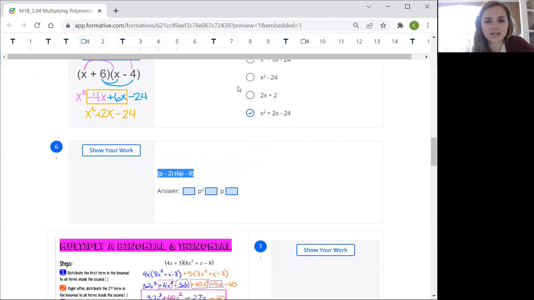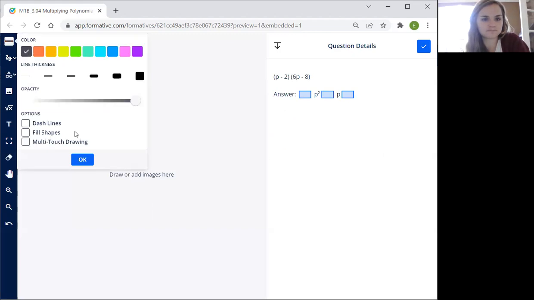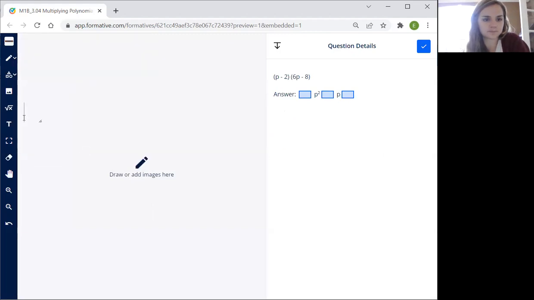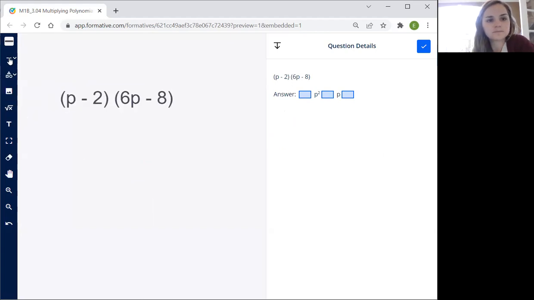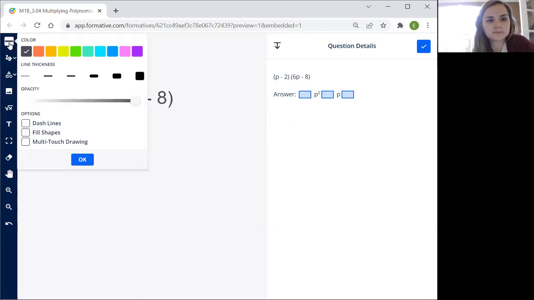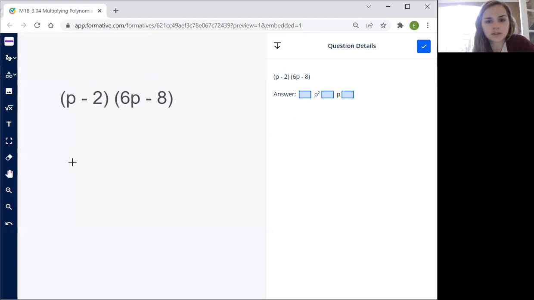Okay, next one, go ahead and copy and paste it into your show your work box. Okay, we want to multiply, so p times 6p is, there's 6, and then p times p is p squared. P times negative 8 is negative 8p.